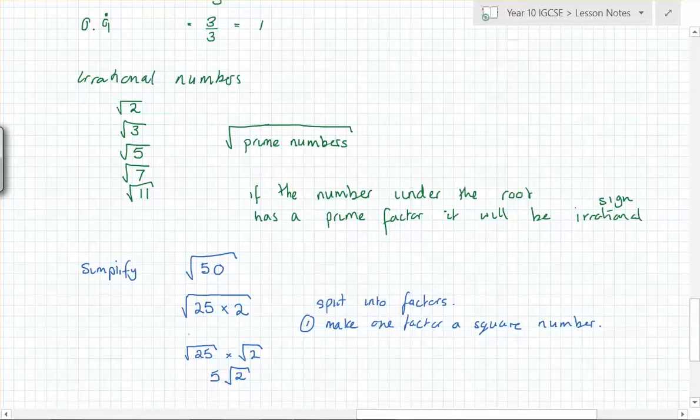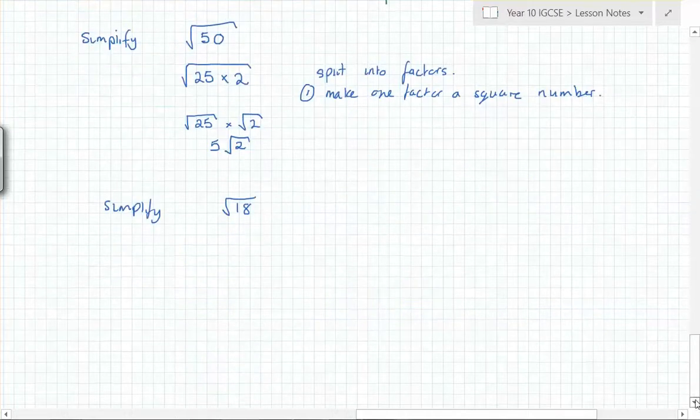What we've looked for in 50 is a prime factor and a square factor. If we can find a square number that is a factor, I can use this because the square root of 25 is 5. I can deal with that. The square root of 2, I have to leave as it is. So I write the answer 5 square root 2.